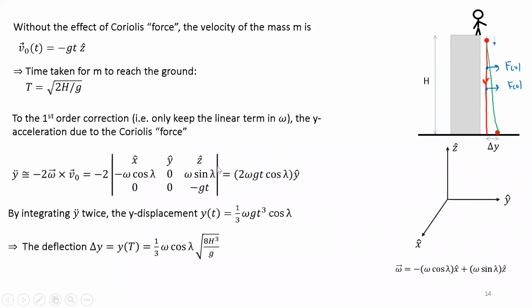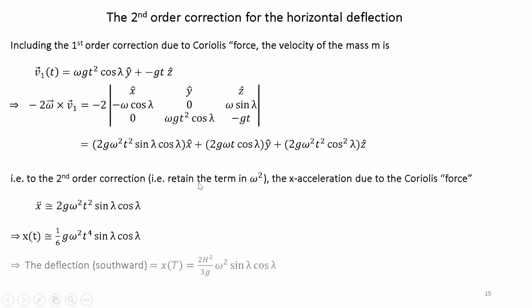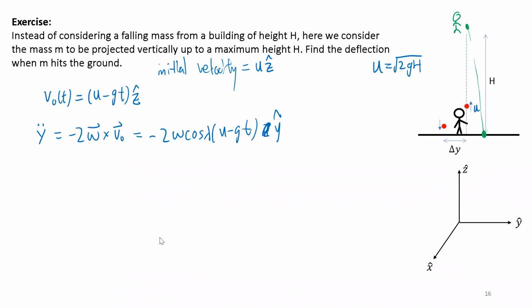Basically it's this one, but now it's not minus gt, it's u minus gt. Then if you integrate this equation twice, you get y equal to omega cosine lambda, t squared times (g t divided by 3 minus u).